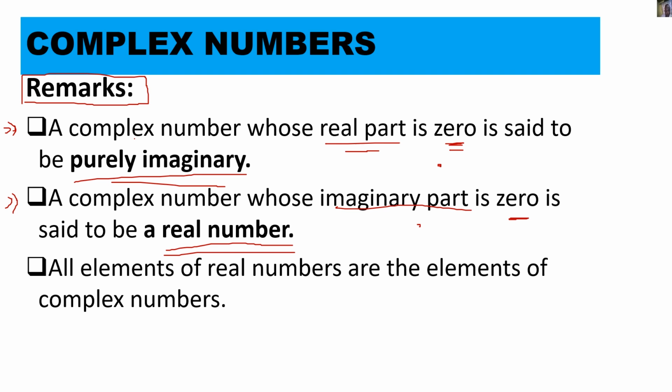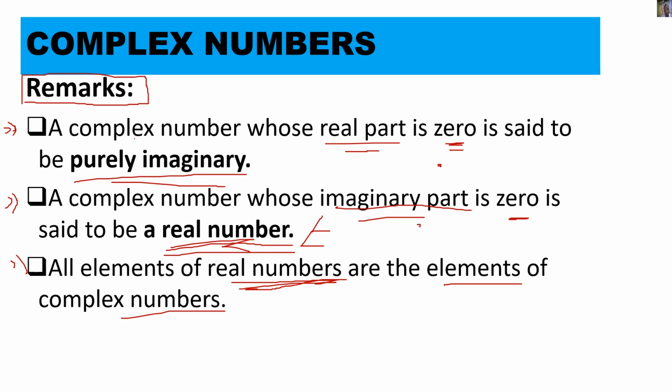And all elements of real numbers are the elements of complex numbers. From this remark number 2, you can see that if the imaginary part is 0, then the complex number becomes a real number. So this implies that any real number is equivalent to that real number plus 0i.